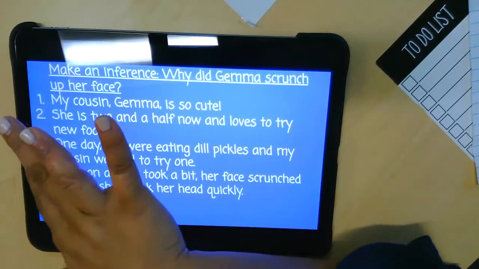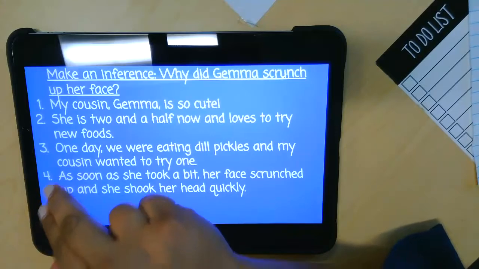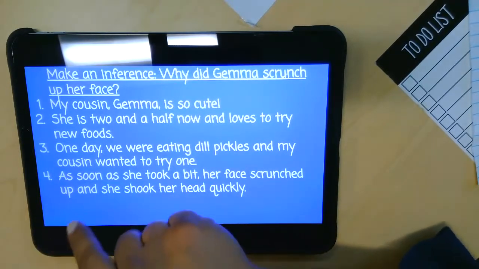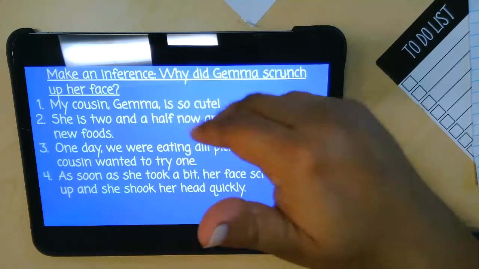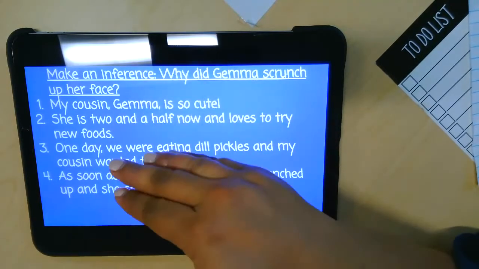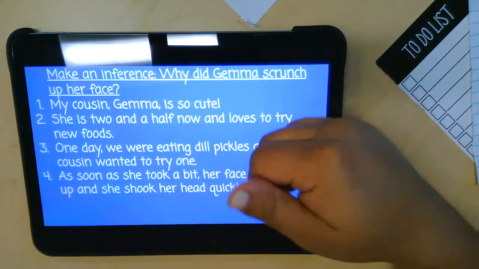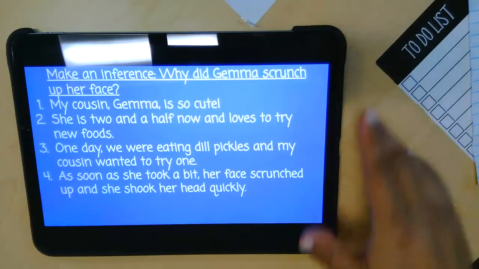You can use however many you want to say your inference. Okay, and then make sure you do, from my background knowledge, I know that. What do you know about this? What do you know about when you eat dill pickles? What do you know?